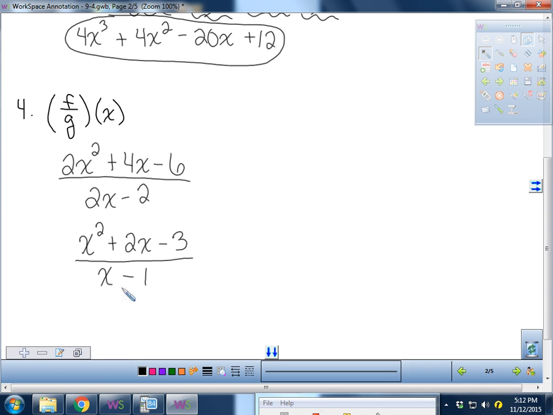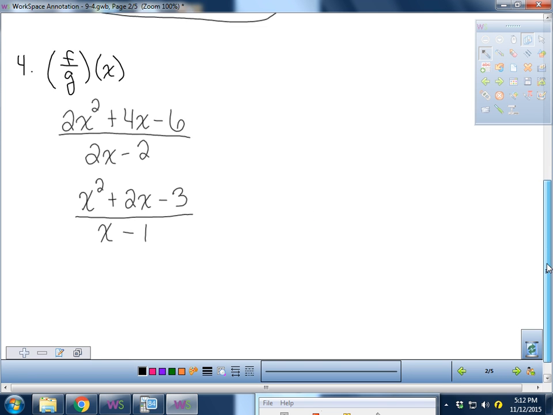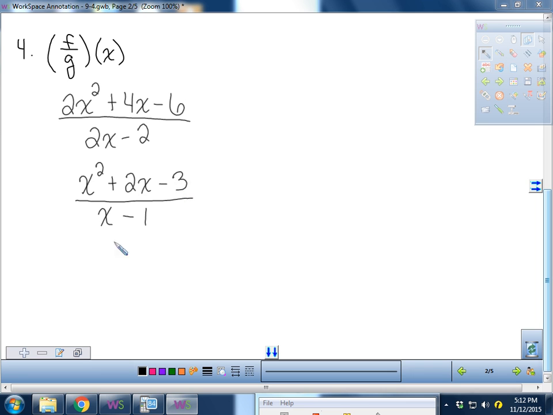Anytime you see an x squared, an x, and a constant, you should be thinking that you're probably going to factor that. All right? And in this case, you are. So I'm going to factor this. The minus in the back tells me that I should have 1 plus and 1 minus. X in front means I should have x and x.